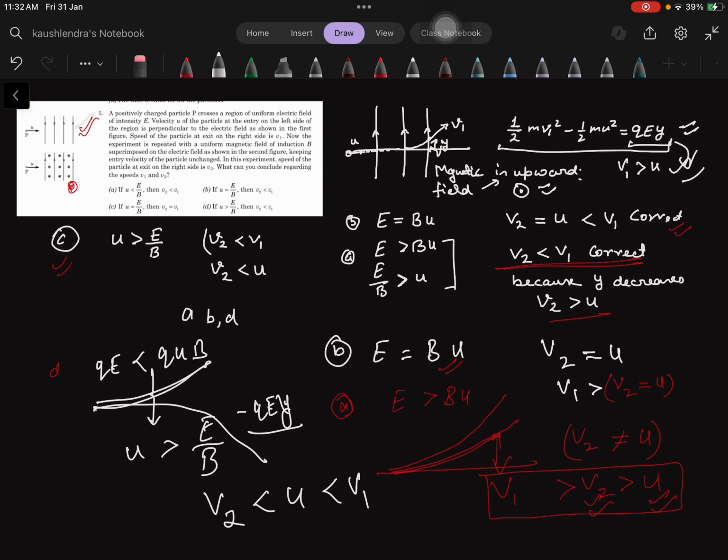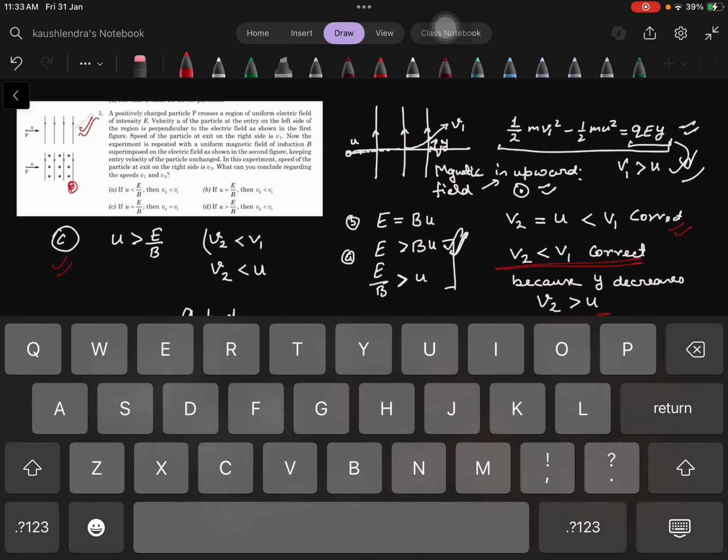So ultimately what we get is V2 is less than V1 in all the cases. So we check the first option, U less than E by B, which is actually our case. U less than E by B, V2 less than V1, yes, so this option is going to be correct.